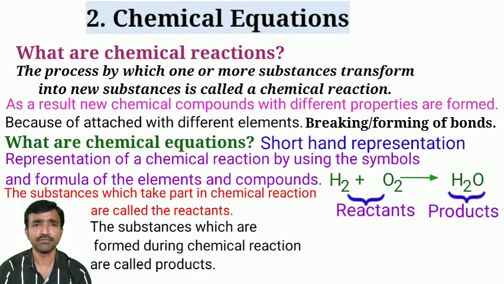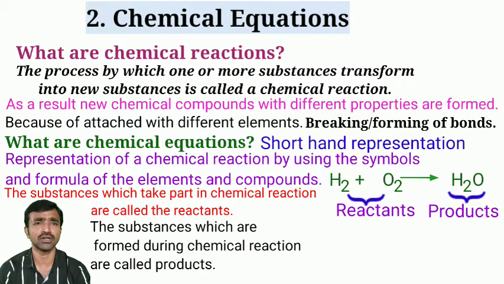Chemical equation representation is a short method. So we can easily write that reaction anywhere. Always saying that hydrogen reacts with oxygen and produces water is very difficult.